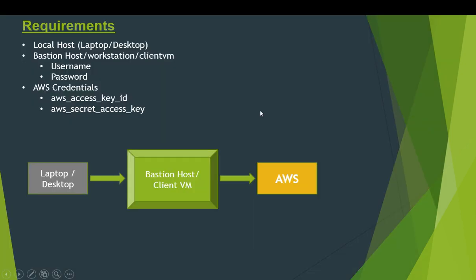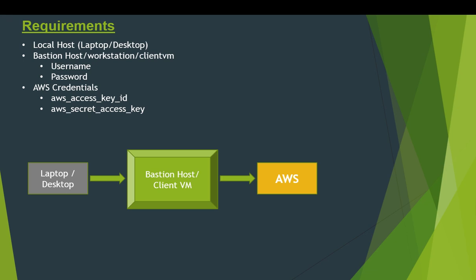So first of all we will see the requirements, what we should have before installing OpenShift. We will have three things. First is the laptop or desktop which I am working on right now. Then we have a bastion host or client VM which is on AWS.